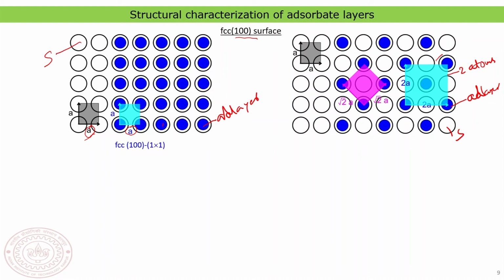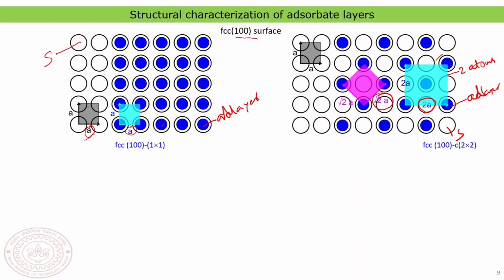Now how do we name these unit cells? I can calculate the unit lattice vectors of the adlayer with respect to the surface unit lattice vector, which is a, and this is root 2 a in both directions because it is a square lattice, and in this case it is 2a.